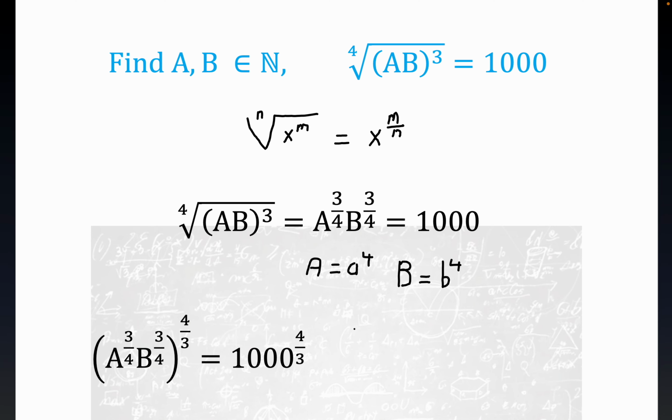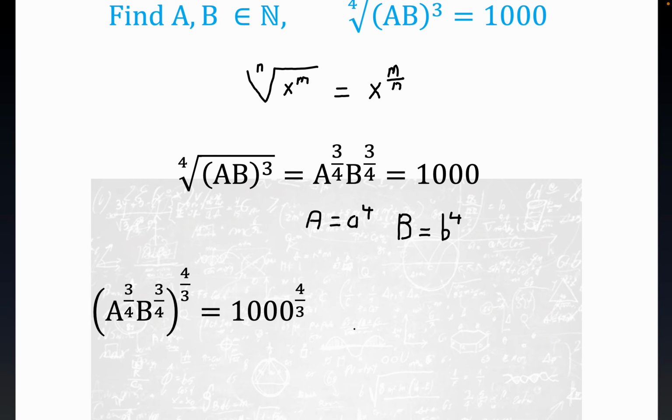Now let's take it down a little bit further and see what we can do. We're trying to get another expression where maybe we'll be in more familiar territory. What I did is raise both sides of this to the 4/3 power, for the obvious reasons: 4/3 and 3/4 are reciprocals.